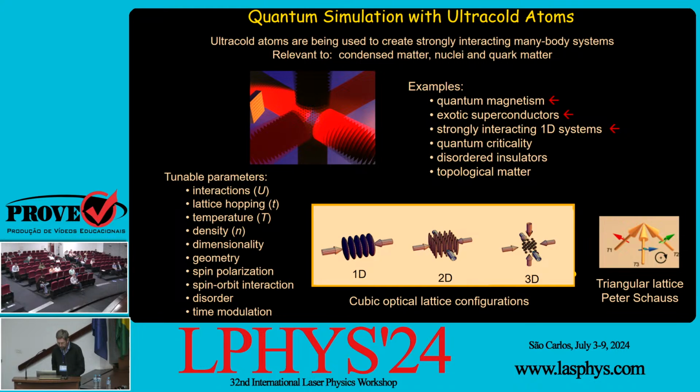So I've listed a few of the tunable parameters down here in the lower left. There are things like interactions, hopping. Maybe this will be better. Can you hear me? Okay. Temperature, density, dimensionality, geometry, polarization, spin-orbit interaction, disorder, and time modulation.